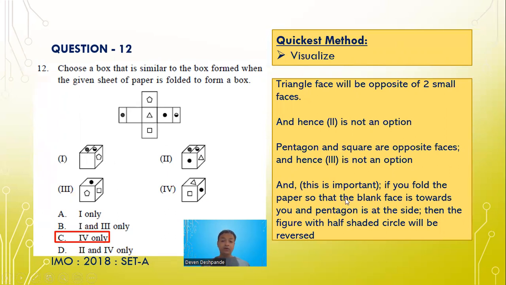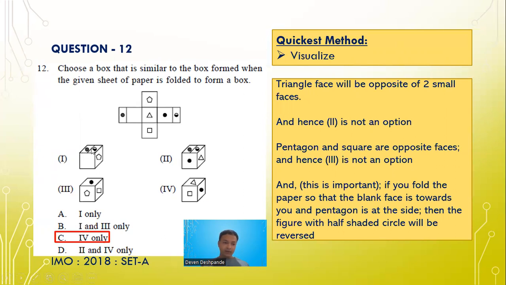And the most important point is, if you orient the cube so that the blank face is towards you, and you fold these two faces, you will notice that this side is not the correct option. It will be the shaded side of the circle which will be at the top, and the unshaded circle will be at this side.